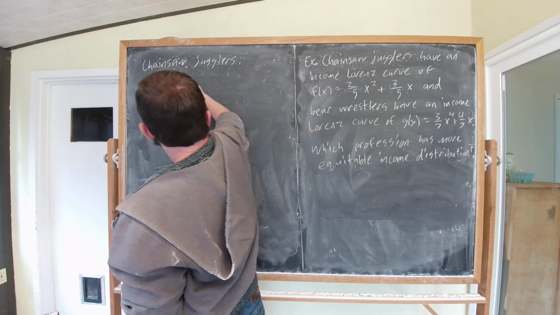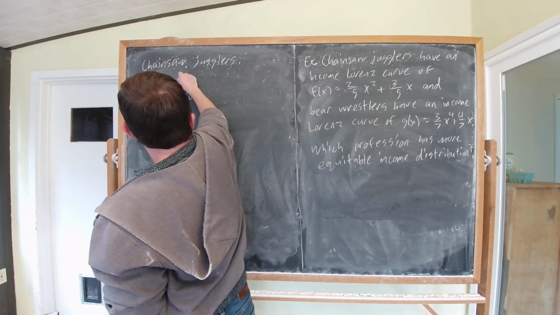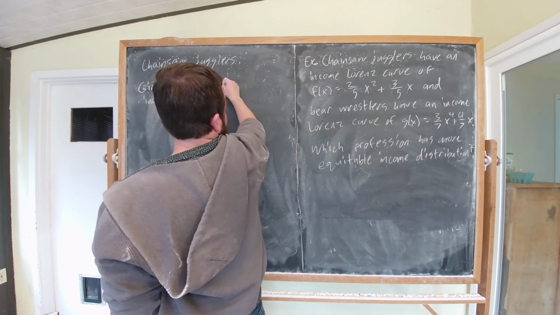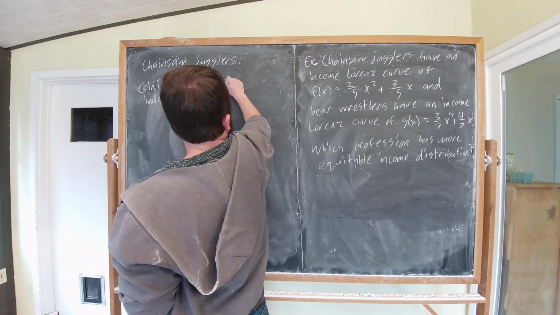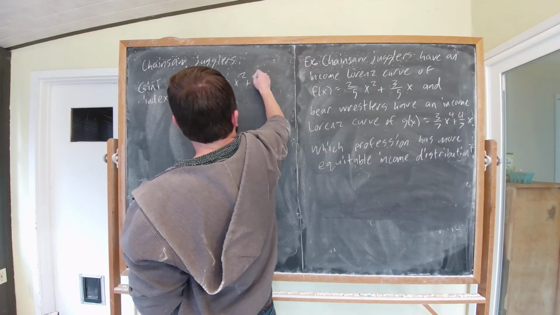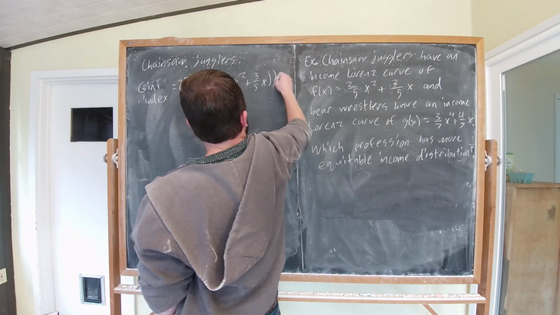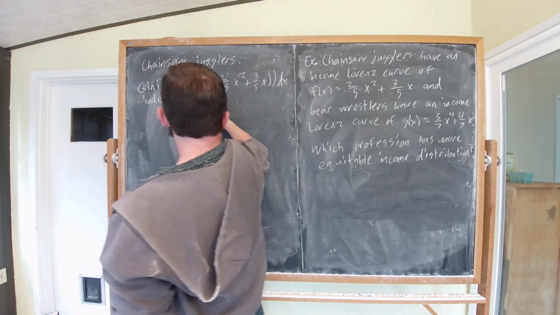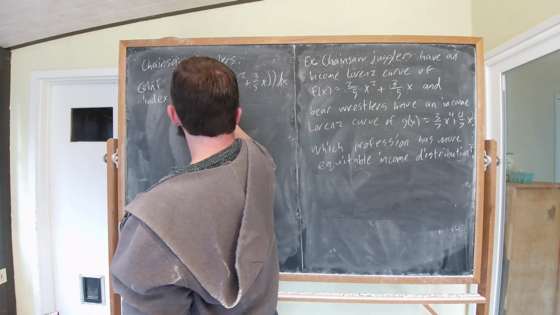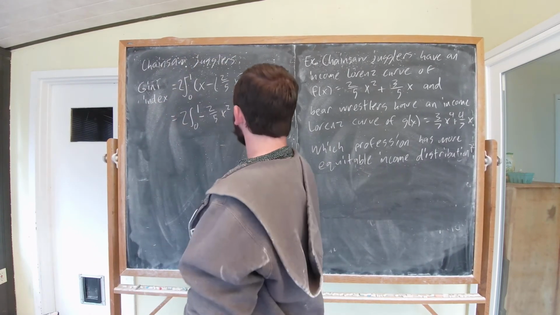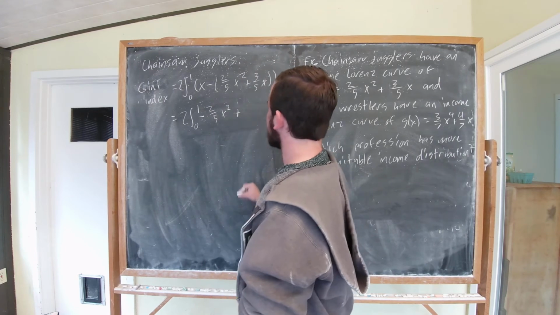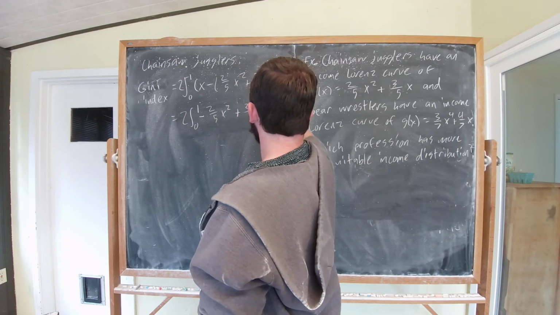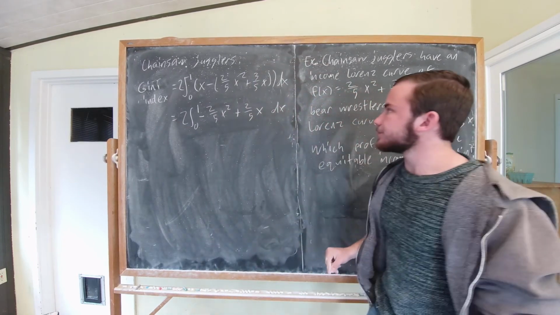It's going to be 2 times the integral from 0 to 1 of x minus 2/5 x squared plus 3/5 x dx, which is 2 times the integral from 0 to 1 of negative 2/5 x squared plus 2/5 x dx.